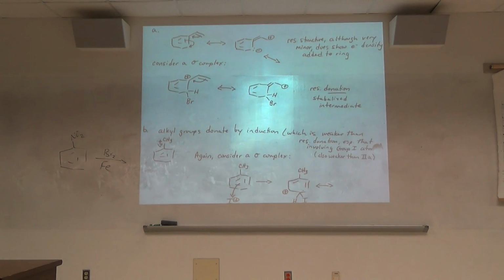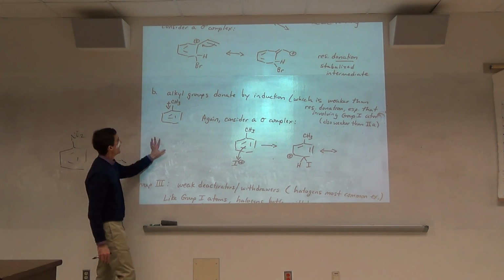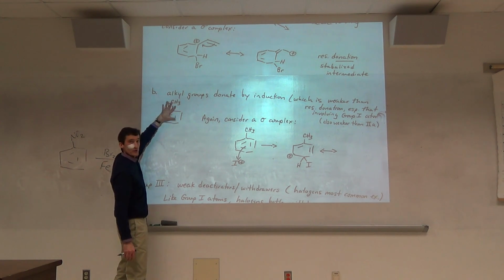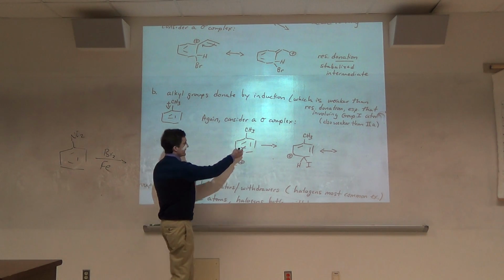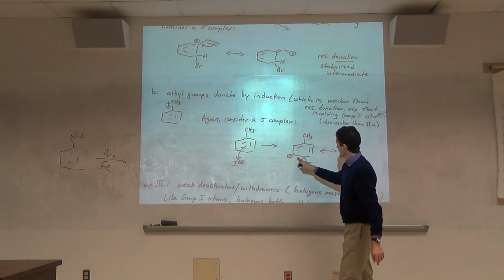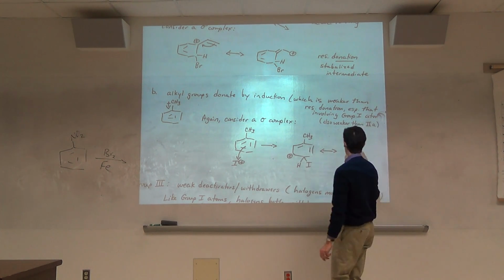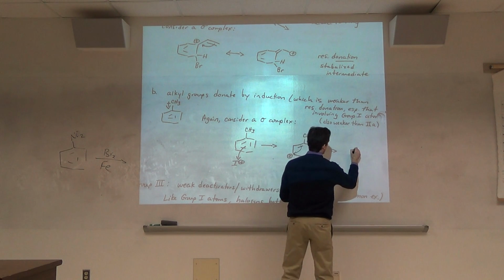Alkyl groups donate by induction. We know an sp3 carbon is a donating group. We can show that here. The ring attacks I+. We get a carbocation. Let's do resonance structures here. Come down.